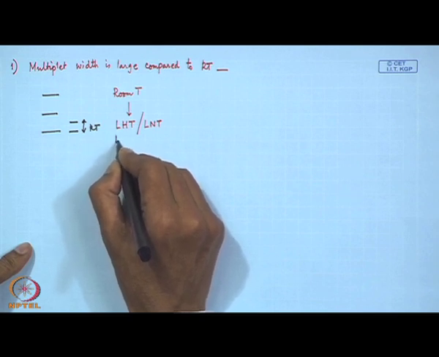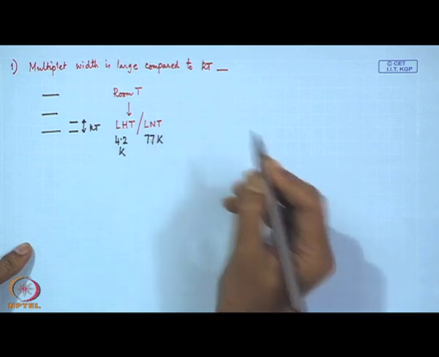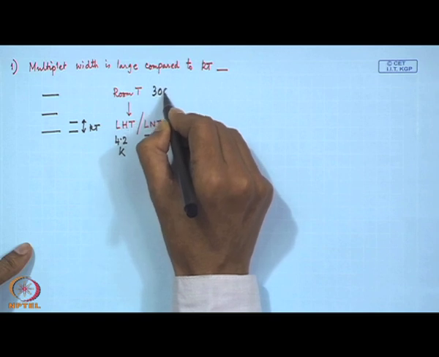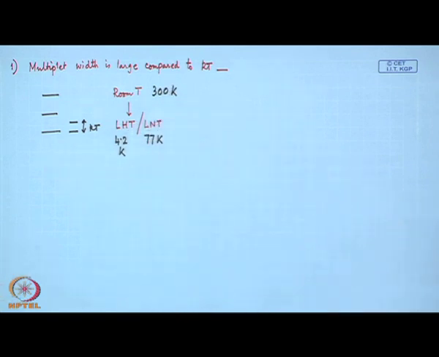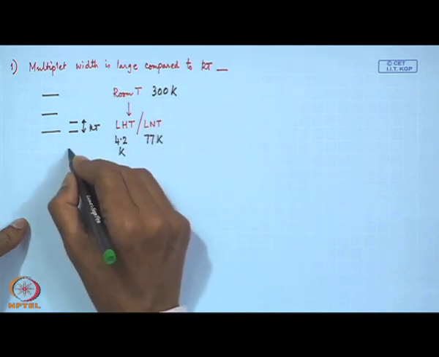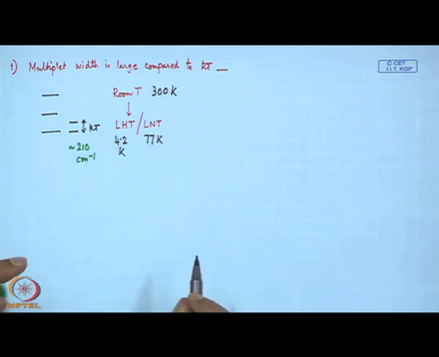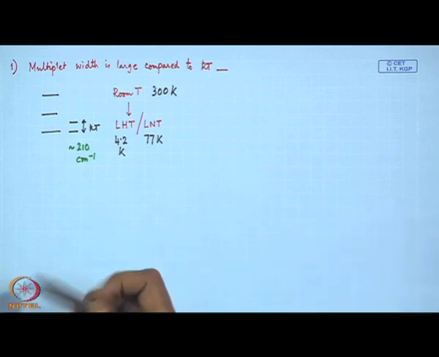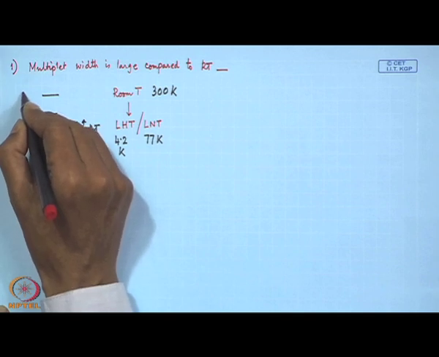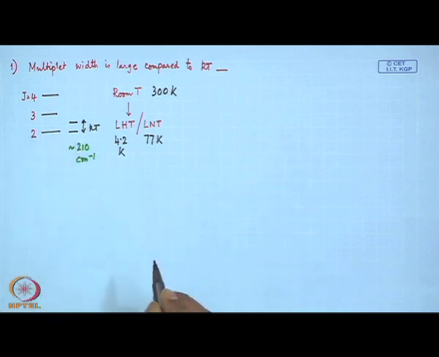Liquid helium temperature is around 4.2 Kelvin, liquid nitrogen is 77 Kelvin, and room temperature is 300 Kelvin, where the kT value is close to 210 centimeter inverse. So the multiplet width for the different J values is large.